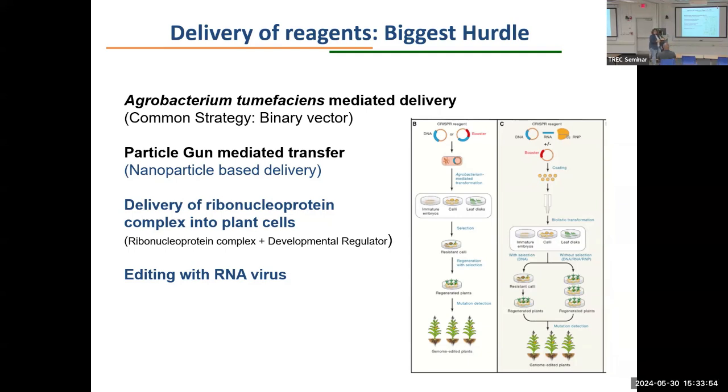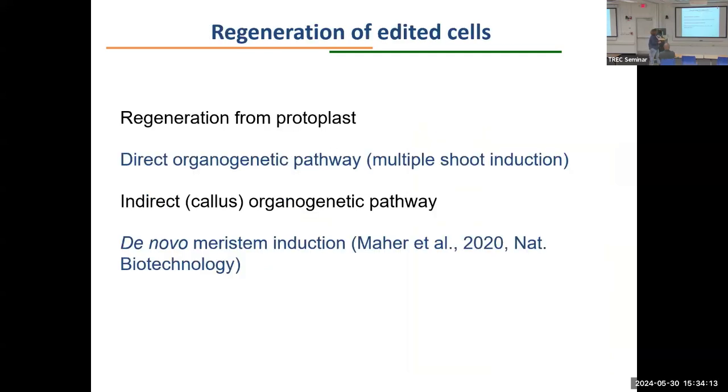Editing was also not that efficient. So the delivery of the reagent using these two systems is the biggest hurdle. We need to look for alternate approaches that are regeneration independent or tissue culture independent.